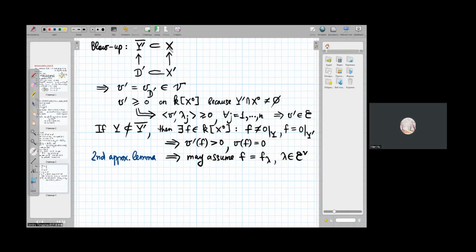Then how can we prove that it is B-stable? Well, because X naught is a B-stable open subset. All poles of f lie outside X naught. I forgot that. Okay.